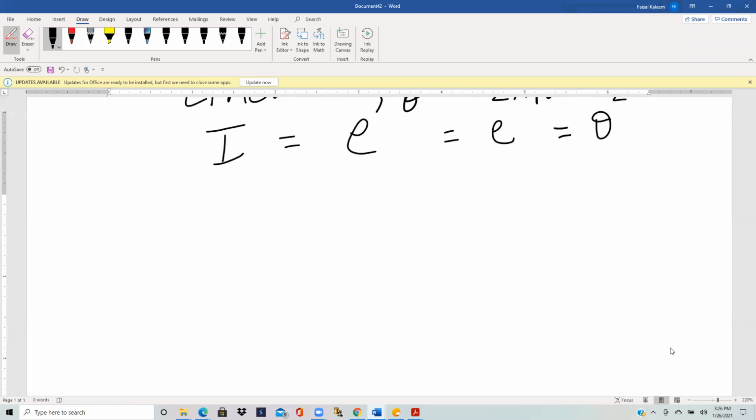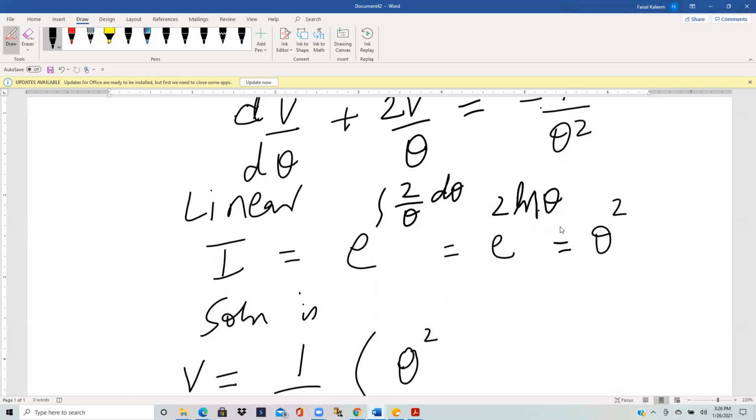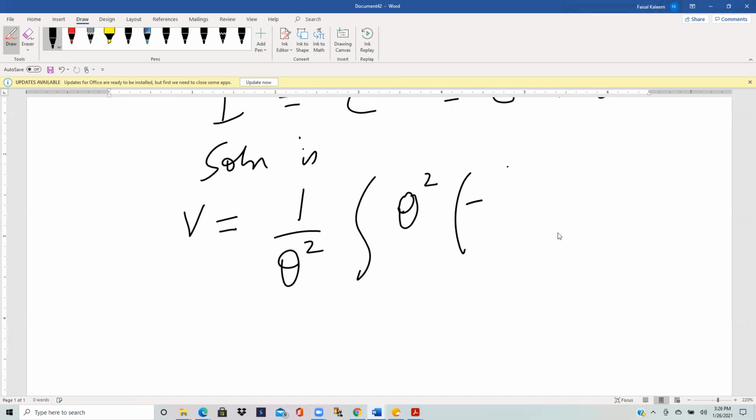And then the solution is y is equal to, so y is v in this case, v is equal to 1 over I, so 1 over theta square, integral of I times the right hand side, and right hand side is -1 over theta square, d theta plus c.